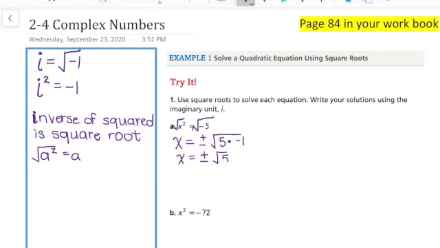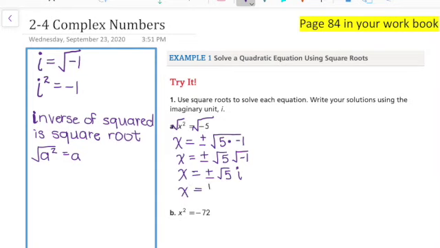That means I could separate these. My multiplication rule says that I can separate them into their own square roots. And if you recall what I just wrote over here on the left-hand side, the square root of -1 is equal to the letter i.